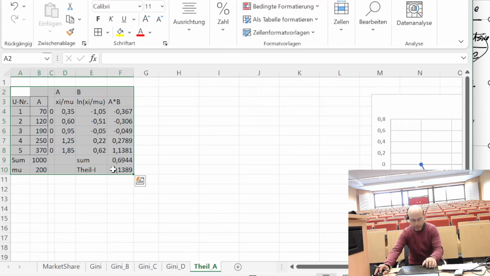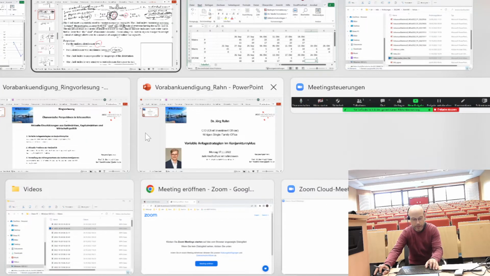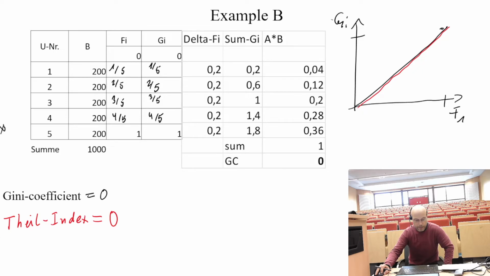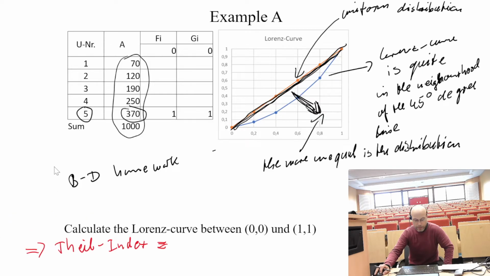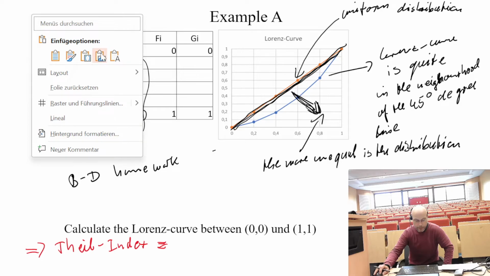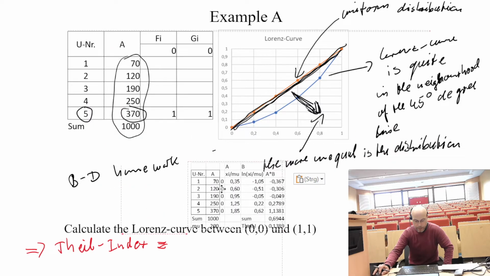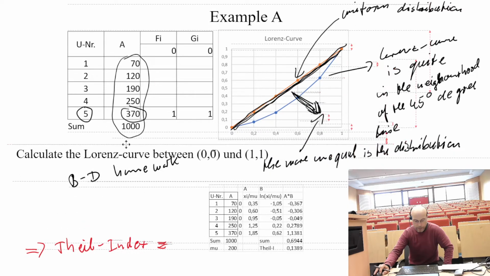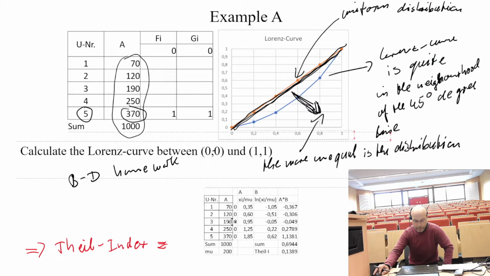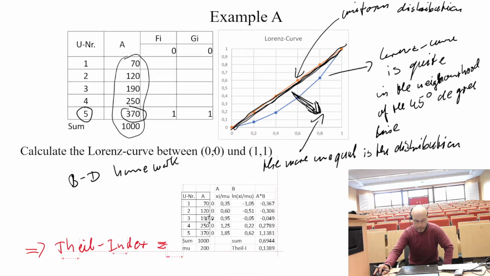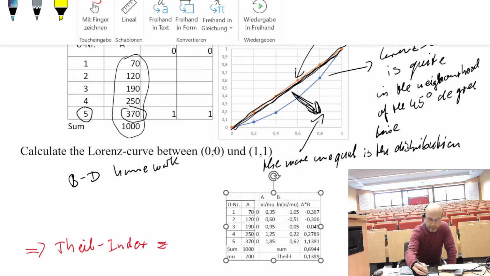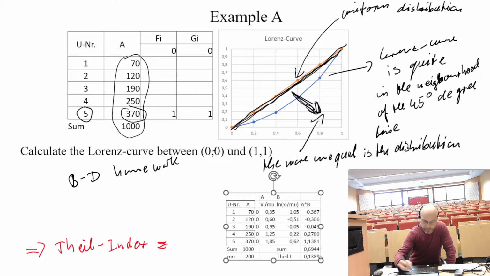Let's copy this and put it into our slides. This was B, and then we take A, and this would be then the calculation.